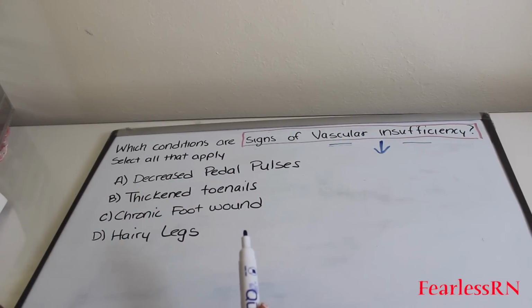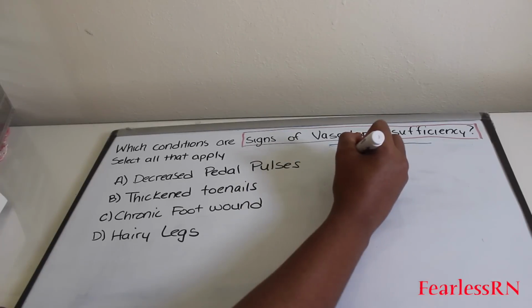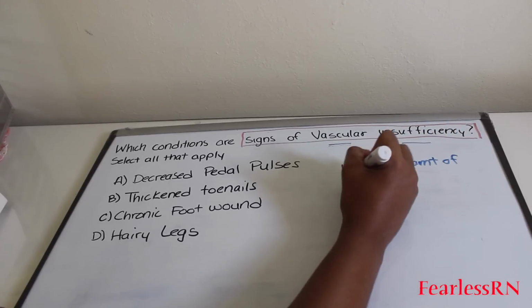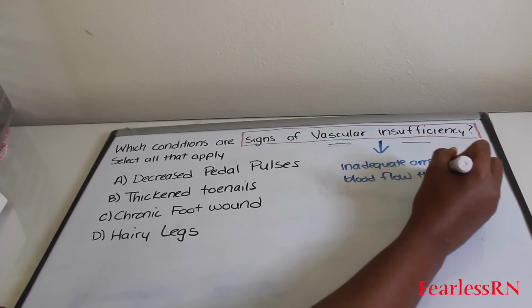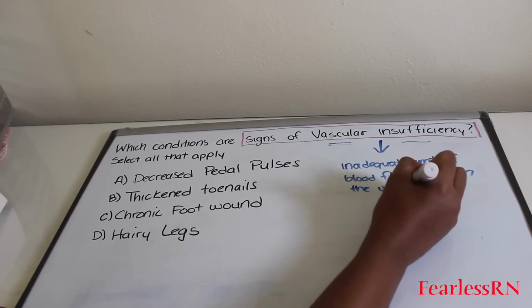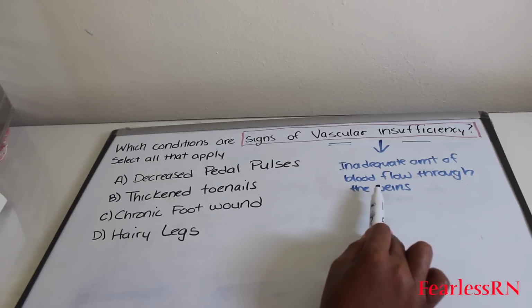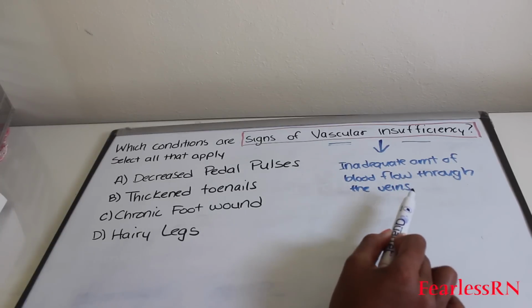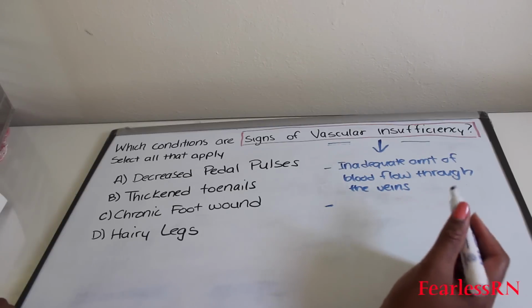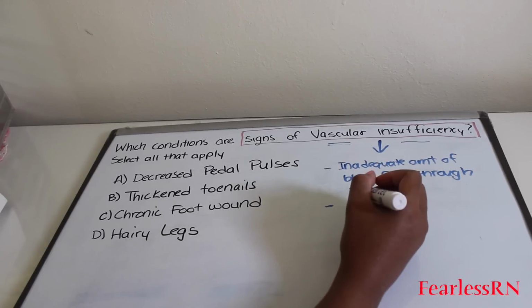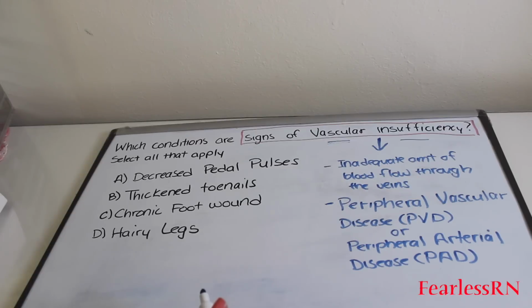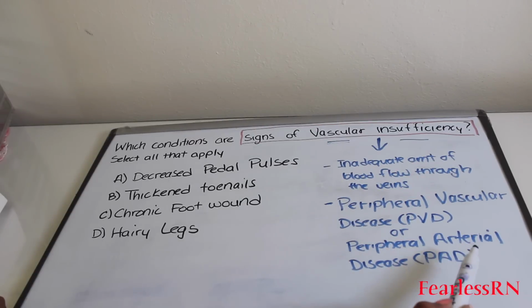Basically what that means is that there's an inadequate amount of blood flow through the veins. We know that if there's anything related to decreased blood flow, that means cellular death. And when I think about vascular insufficiency, automatically I think about peripheral vascular diseases. This is definitely important to know for NCLEX.